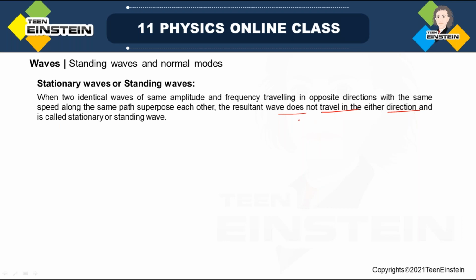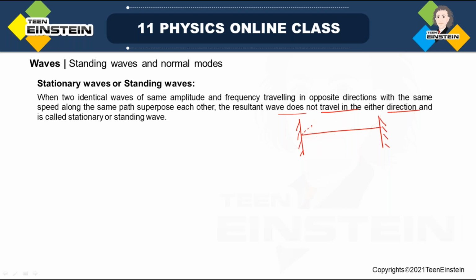To make it clear again, I'll give you a simple example. Suppose I have two rigid or fixed supports, in which I am fixing a string. Upon fixing the string, if I pluck it and leave, or just give a hit here, then a disturbance or wave will be created, which will obviously be a progressive wave.